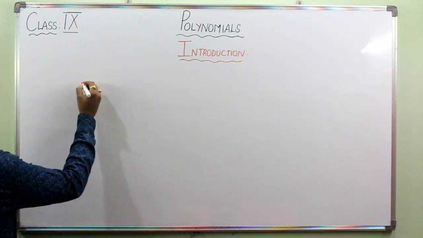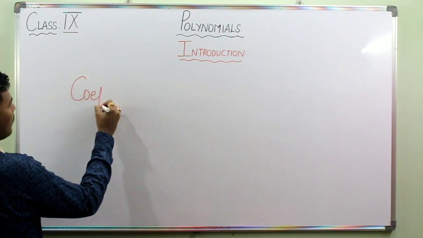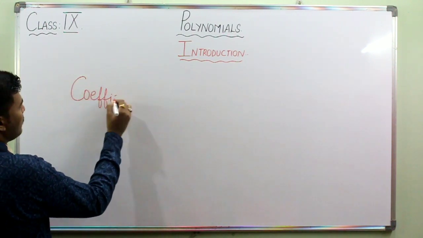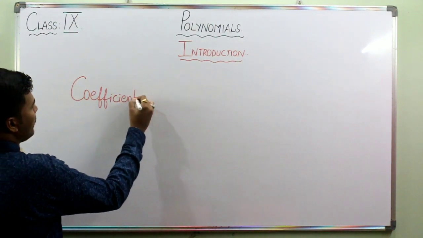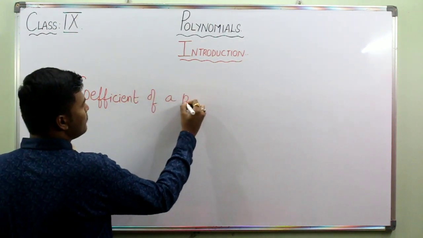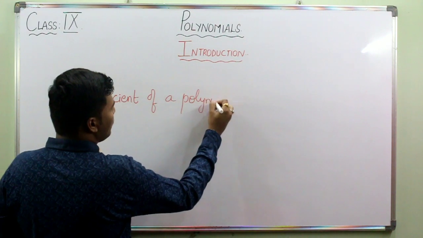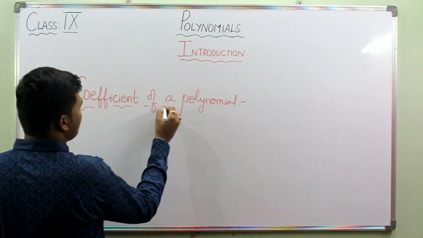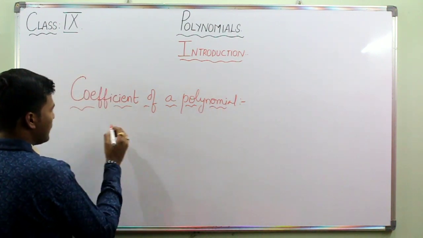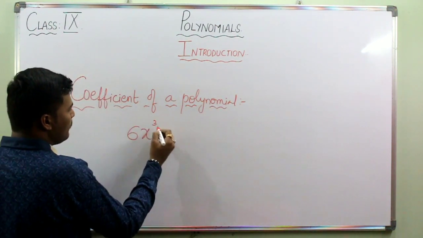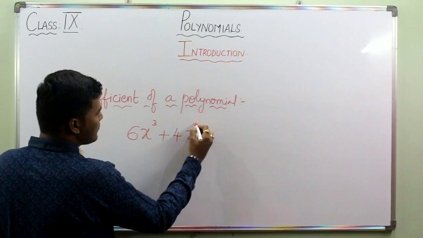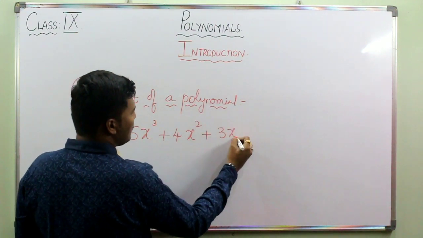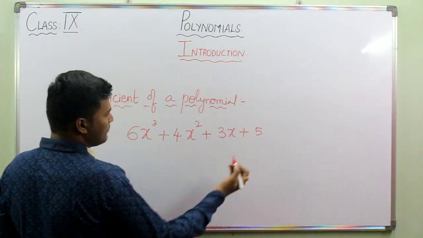Now let us see the coefficient of a polynomial. What is this coefficient? Let us consider 6x cube plus 4x square plus 3x plus 5.